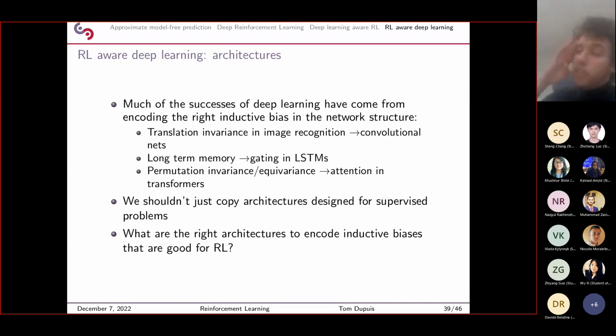So, for example, translation invariant means a cat is still a cat no matter where it is in the picture. You have networks that have long-term memory with the gating operation, like in LSTM RNN. But even now in transformers, and you have those permutation invariant equivariance networks that are transformers based on attention.